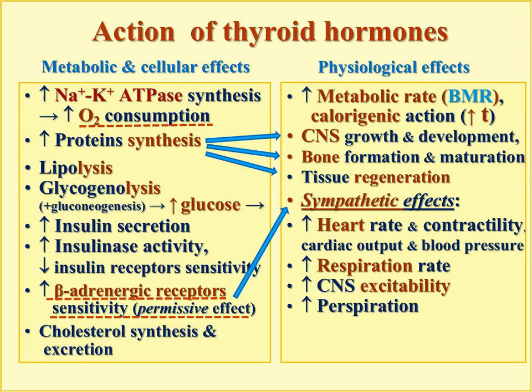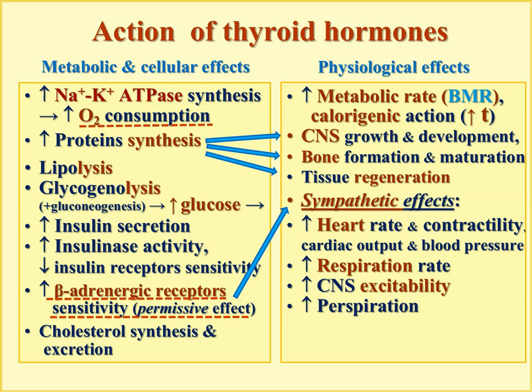And when heart rate and contractility increases, cardiac output and blood pressure all increase proportionally. Then respiration rate also is stimulated by sympathetic system, and central nervous system excitability is stimulated, and process of perspiration, sweating, is controlled by sympathetic system, and therefore all these effects become contributed by thyroid hormones. And excess of hormones may increase all these effects and deficiency may decrease all these effects.